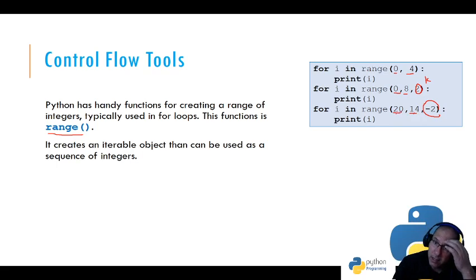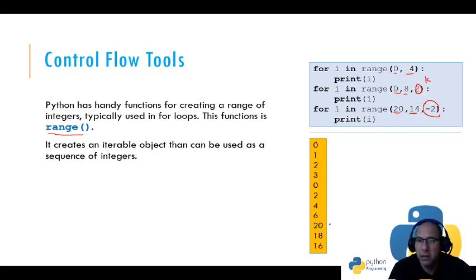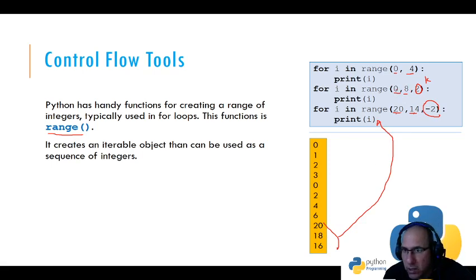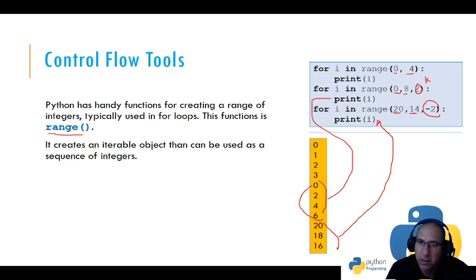So 20, 18, and 16. Look, from 0 to 8 with the step 2, it's 0, then 2, 4 and 6. It will not give you the 8 in here.